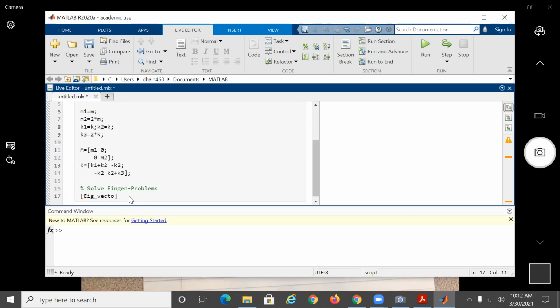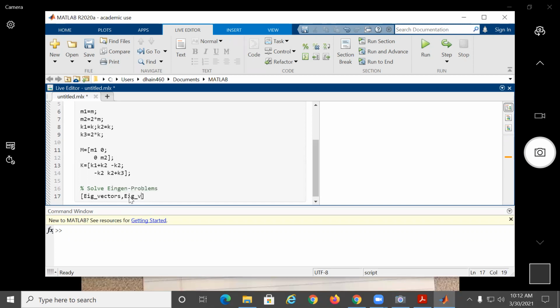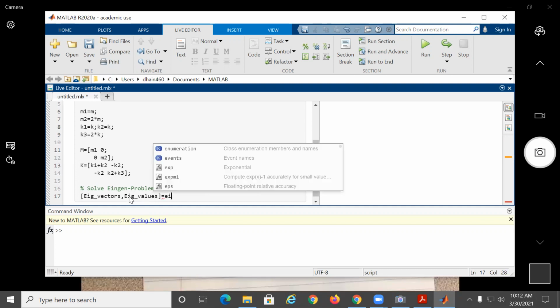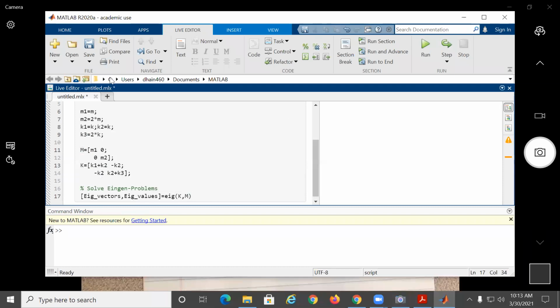No, eigenvectors is the command. And then we're gonna have eigenvalues, and this is going to be equal to the eigenvalue problem, which will be the command EIG of K, M. All right, so we solve that.